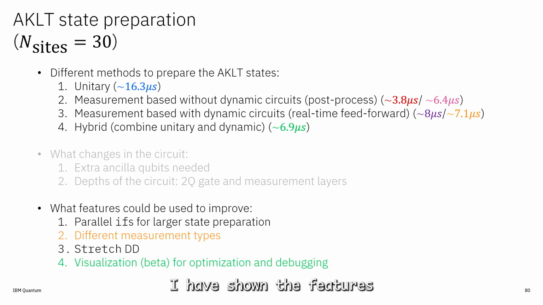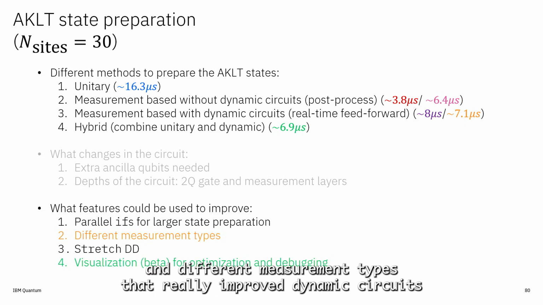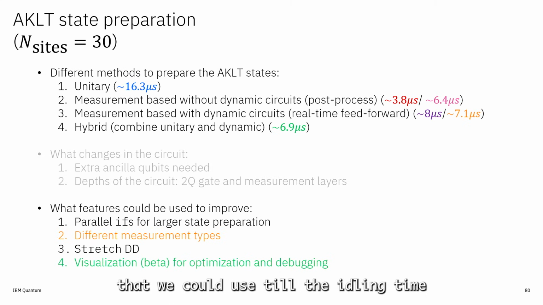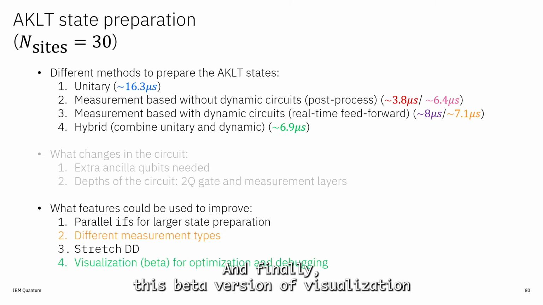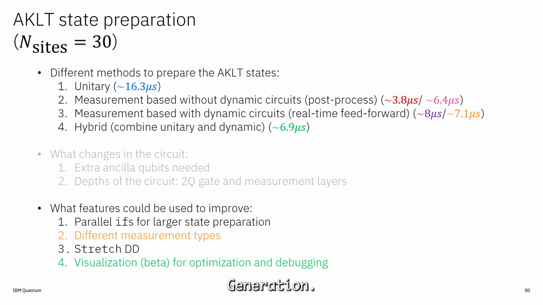I have shown the features with parallel ifs for larger state preparation and different measurement types that really improved dynamic circuits example. I've also introduced stretch DD that we could use during the idling time, where it's being measured and feed forward. And finally, this beta version of visualization is really helpful for optimizing and debugging our dynamic circuits generation.